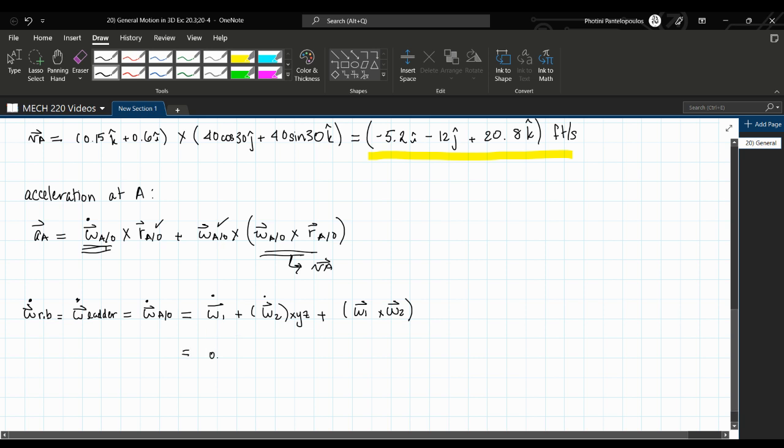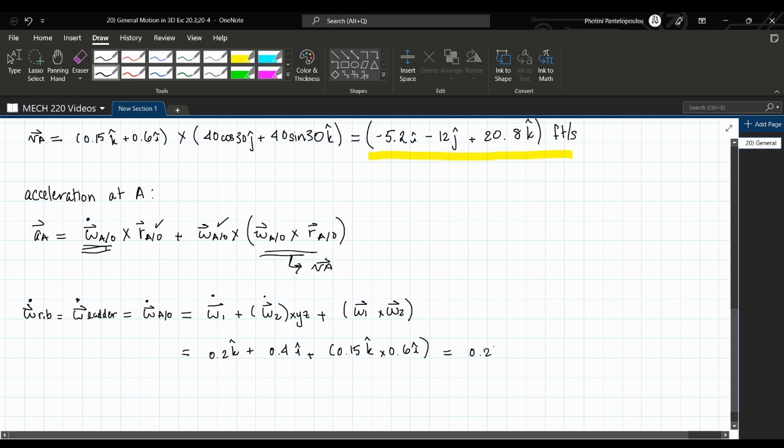So we have 0.2k plus 0.4i plus 0.15k cross 0.6i.